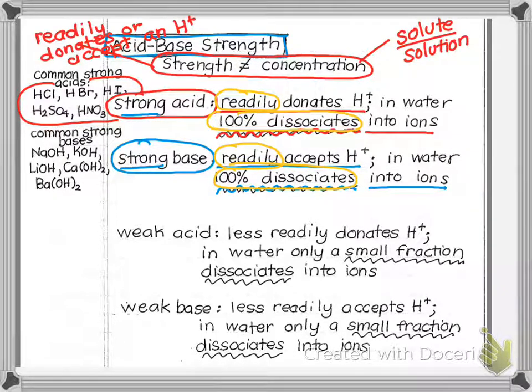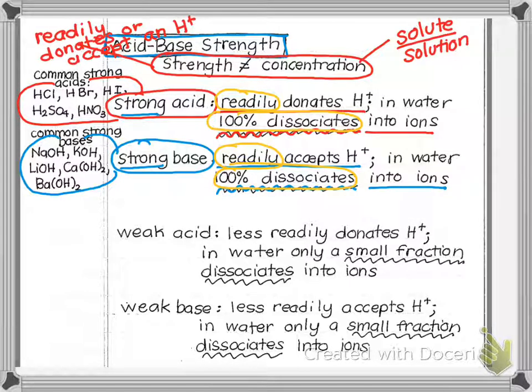Now, just like strong acids, strong bases have a short list, and here are some of the common strong bases: sodium hydroxide, potassium hydroxide, lithium hydroxide, calcium hydroxide, or barium hydroxide. If a base is not on that list, then it's not considered strong, and instead it's a weak base.